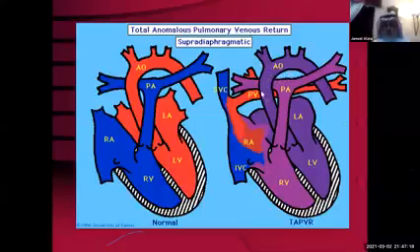So let's go again, and we learned how to decide about mixing and not mixing, and we learned how mixing is one important concept in congenital heart disease. So let's see how this patient is going to mix.